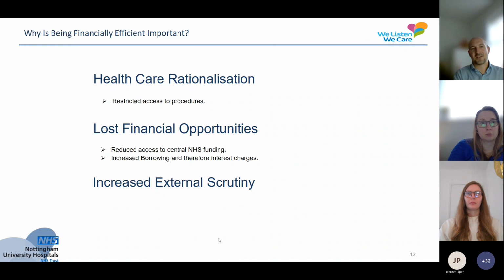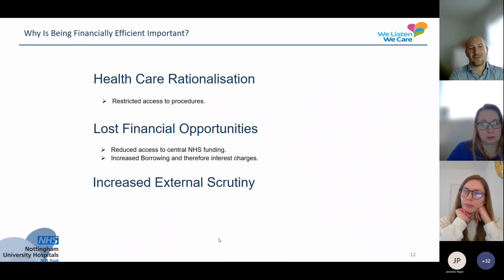I don't know if you're familiar with the single oversight framework from NHSE. I'm aware that I've run to the end of the session, so I probably need to wrap it up. But within the slide deck, there is some information on the NHSE single oversight framework, and there are some financial criteria that they measure organisations on.